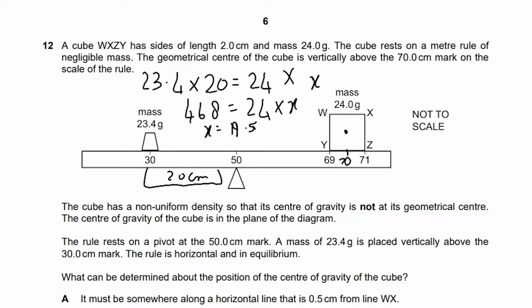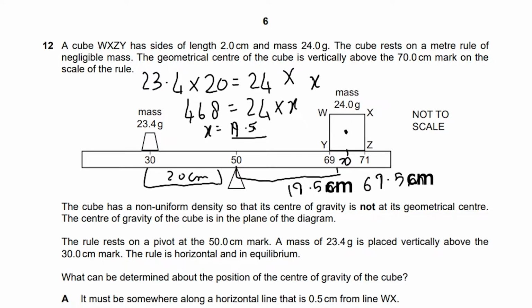Now what I did here was that 23.4 is its mass, and this mass is perpendicular to this distance, the 20 centimeter. I multiplied them, then I multiplied 24 with x, and I solved for x. X was 19.5. So this means that the center of mass is somewhere around 19.5 from 50, which means 50 plus 19.5, which is 69.5.